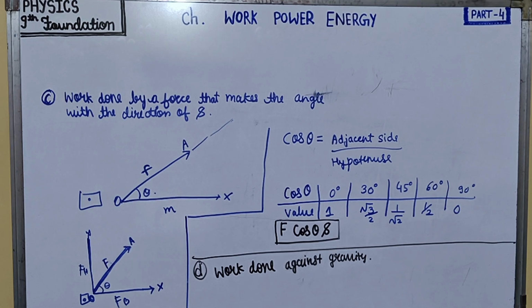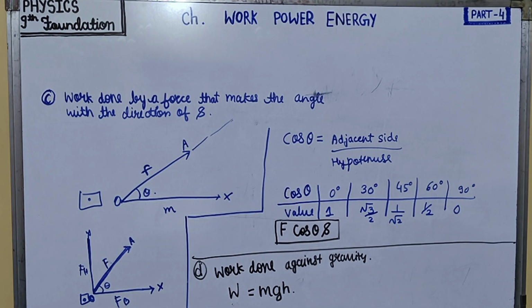Thus, work done by the person in lifting a body is equal to the weight of the body into vertical distance. So the formula derived from this whole example is work done is equal to mgh, m into g into h.